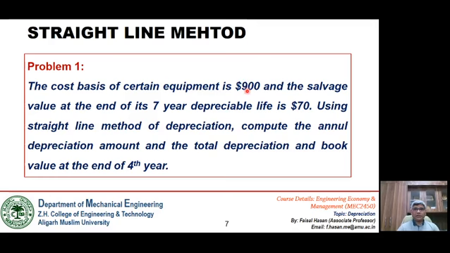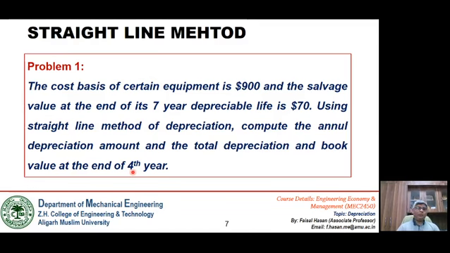The depreciable life is given as 7 years, and after 7 years this will fetch a price of $70 if it is sold as scrap or in a second hand market. Using the straight line method of depreciation, compute the annual depreciation amount, the total depreciation, and the book value at the end of the 4th year.